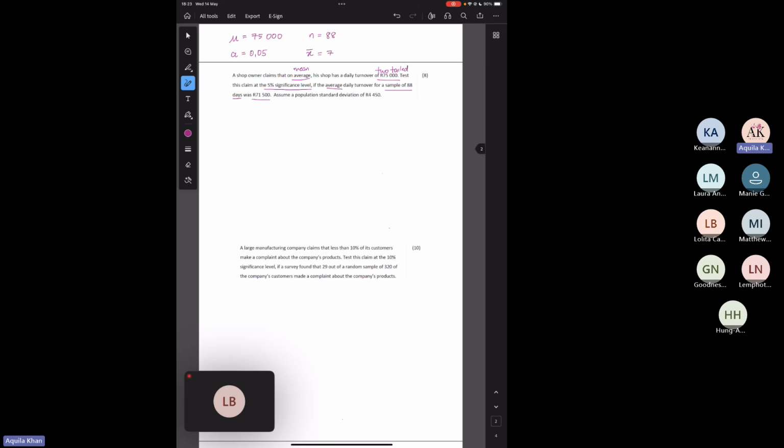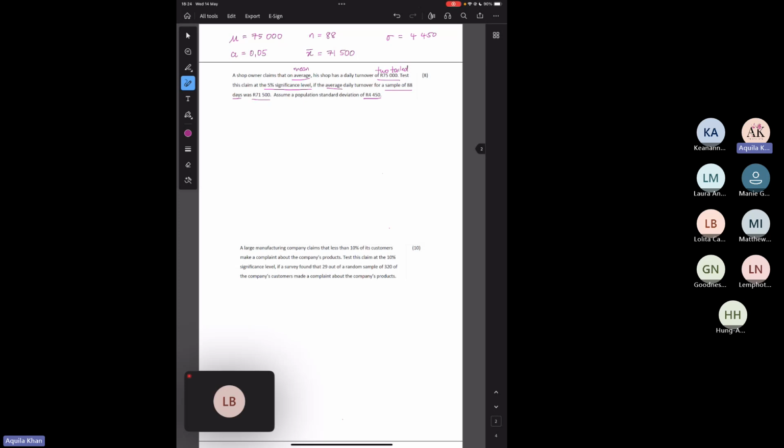So the 71,500 then is your sample mean, which is denoted by the symbol x bar. So this then is everything that we need. And then sorry, I didn't read the last sentence. It said assume a population standard deviation of 4,450. So your standard deviation then is 4,450. Now, there's two things I want to point out from the last two sentences that we just read.